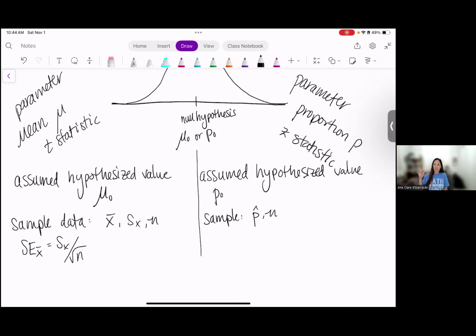For our proportions, we can use the hypothesized value here for our sampling distribution. So we take our hypothesized value in our test statistic. We are assuming that proportion to be true, and that's also how we calculate the standard deviation for proportions.